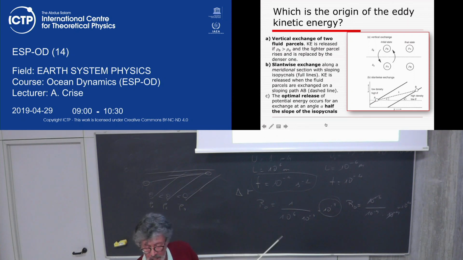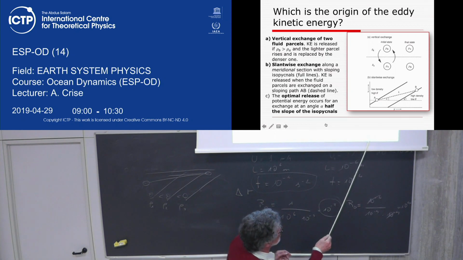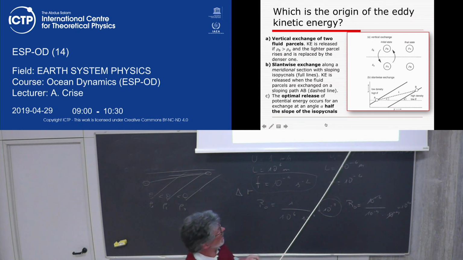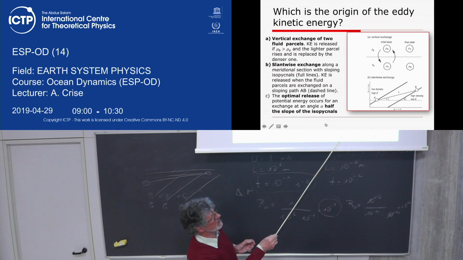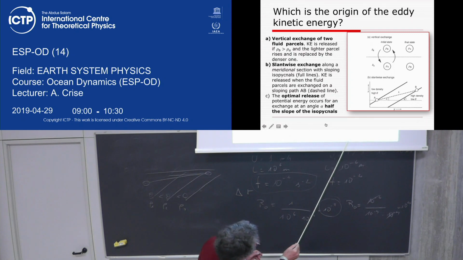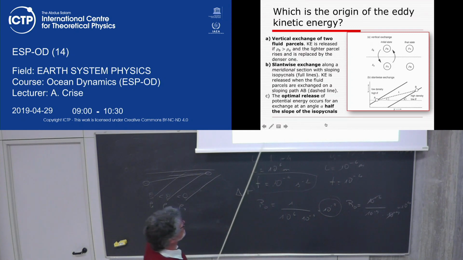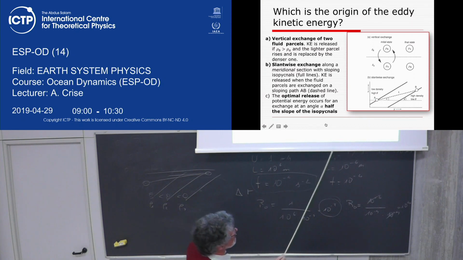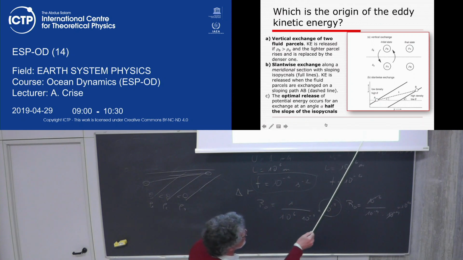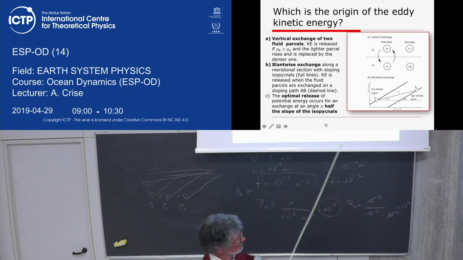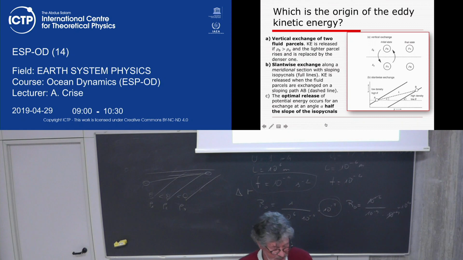You have the so-called instability of the current, and this potential energy accumulated here is released according to a specific trajectory that can be calculated, usually at an angle which is half the slope of the isopycnal. So this is, in turn, to this equilibrium, transforming this potential energy into kinetic energy.